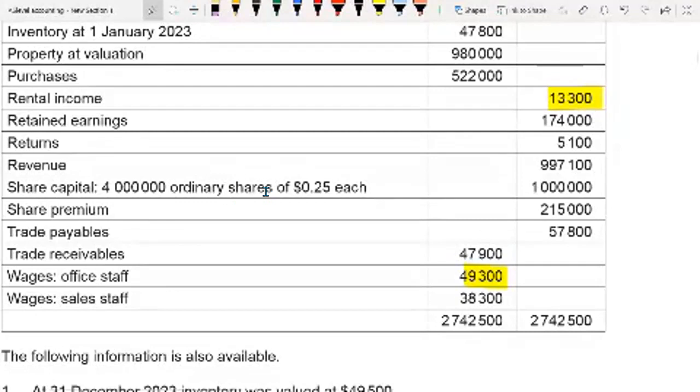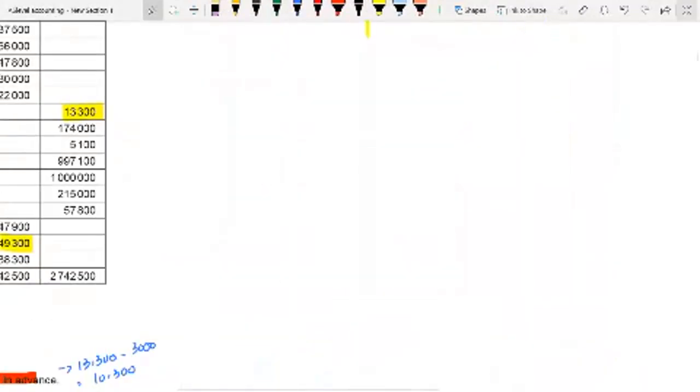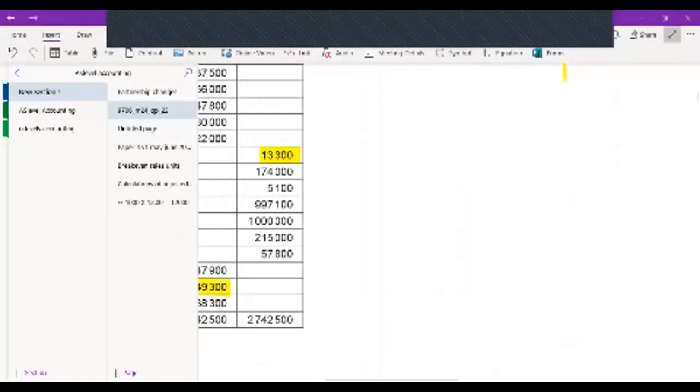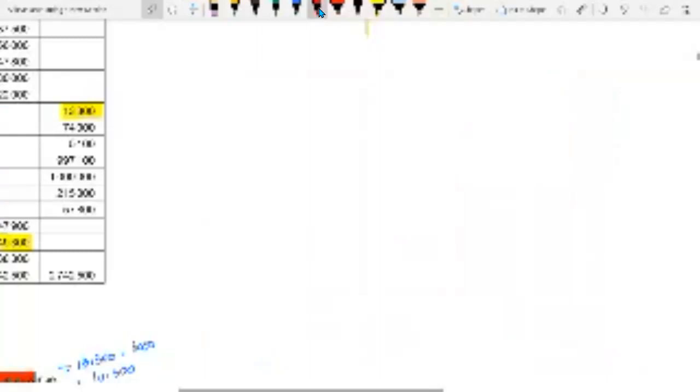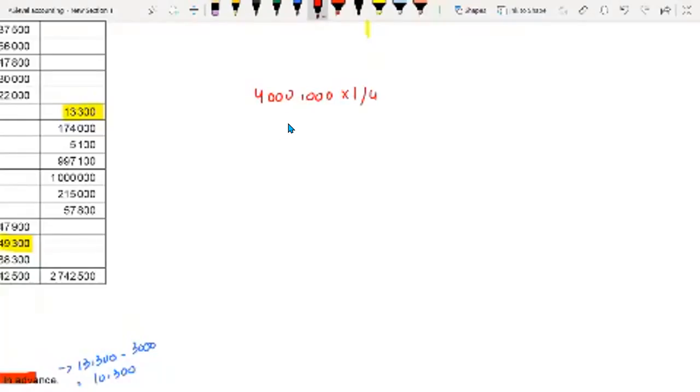And that's the reason why I have told you this. So let's do some working here. 4 million multiplied by 1 over 4, so you have the number of shares, which is 1 million.